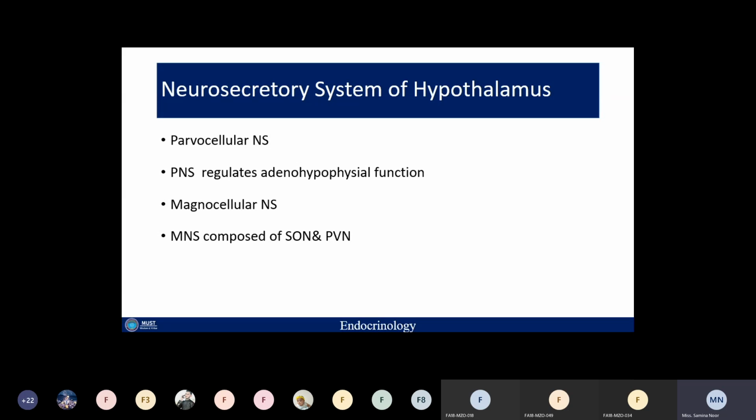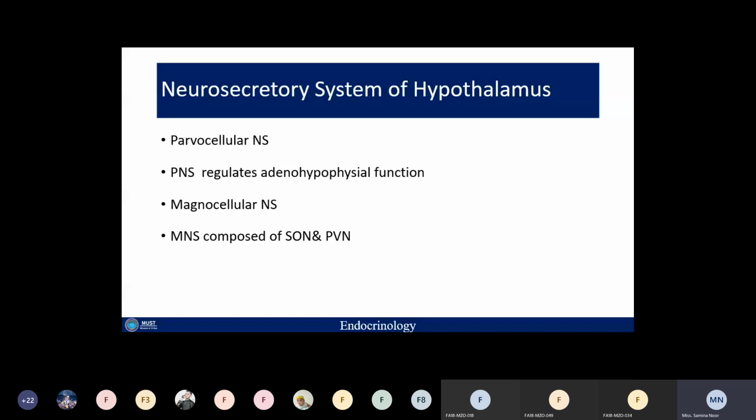Such cells secrete the two major chemical messengers, or neurohormones, known as oxytocin and vasopressin.